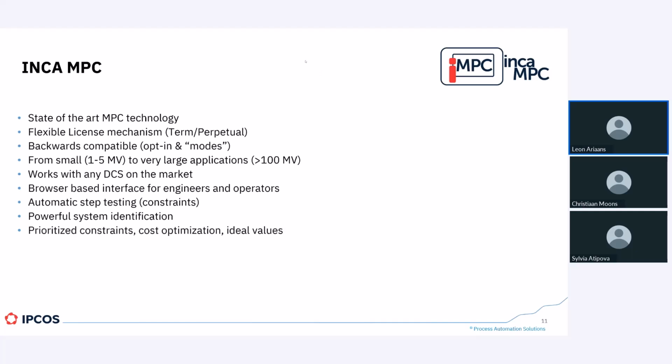Now, when we move from identification to the actual optimization, where INCA MPC does its best to control the process, then you will find the features that you expect from a modern MPC. It has prioritized constraints. Safety constraints are more important than quality, than economic constraints.